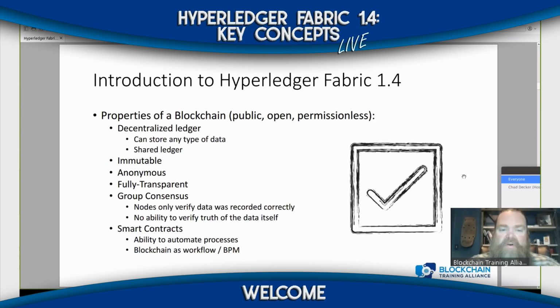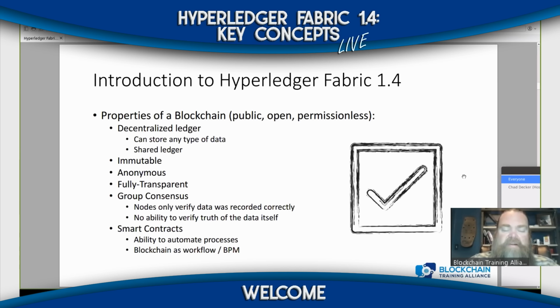So based on what we've learned so far, what you know about blockchain so far, if we were to list out the properties or attributes of a blockchain, of something public, open, and permissionless, something like a Bitcoin or an Ethereum that we hear about most of the time, well, we would likely describe it using these properties or attributes.